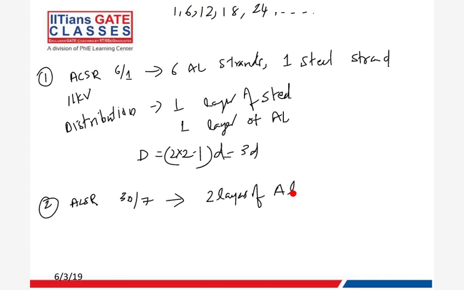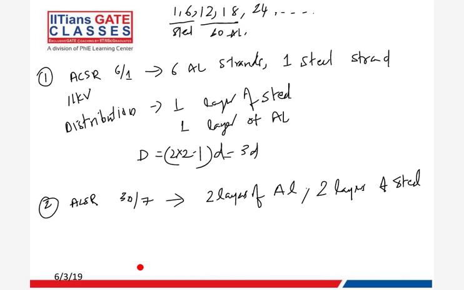So it says 30 by 7, which means two layers of aluminum and two layers of steel. So inside will be steel. 7 means the first layer is 1, then 6 plus 1 is 7. So this is steel. Then they said 30, so there will be 12 plus 18 is 30. So this is aluminum.